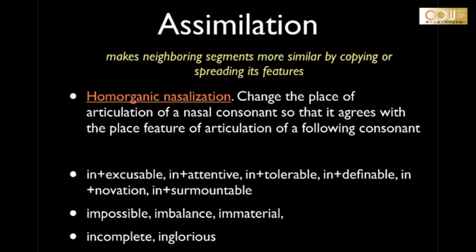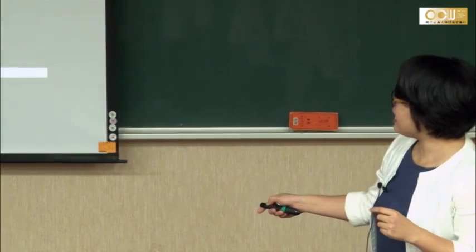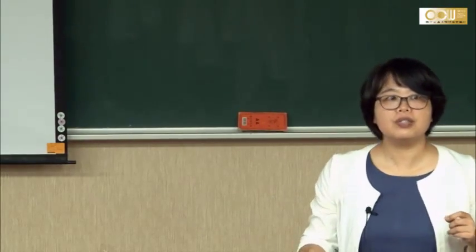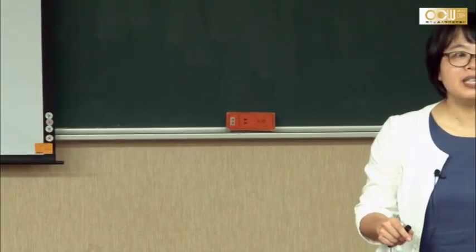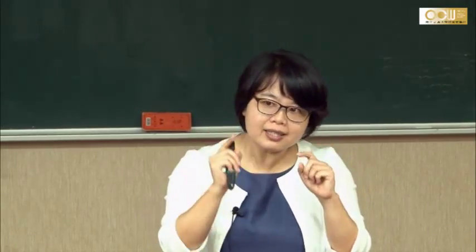When you do intolerable and compare to incomplete, do you actually use an n in this case? When you say incomplete, when you say intolerable, in the second sound, was your tongue tip touching the alveolar ridge?